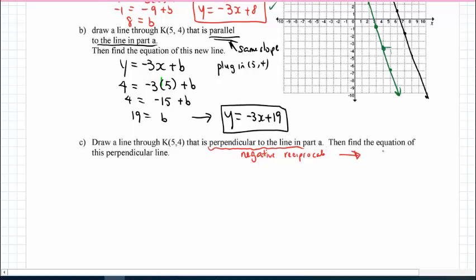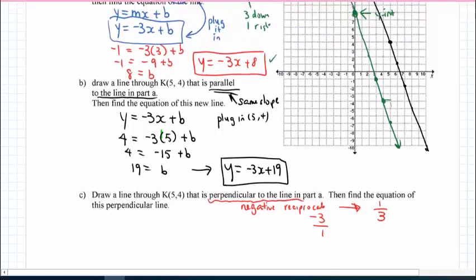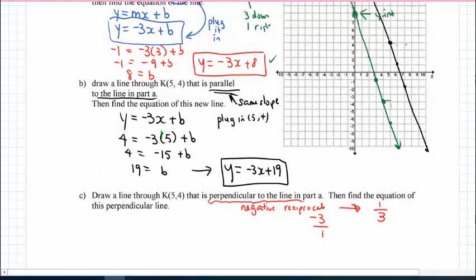That must be then positive 1/3, right? Negative 3 over 1. The reciprocal means you flip it, and then you take the negative of it. That becomes 1/3. So now I can say, hey, of my graph, 1/3, that means I go 1 up, 3 to the right, boom. And I can draw a line like this.